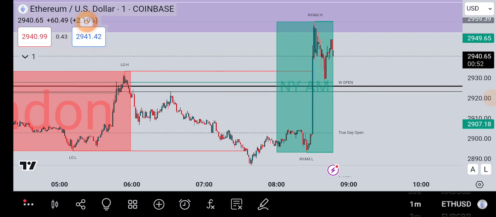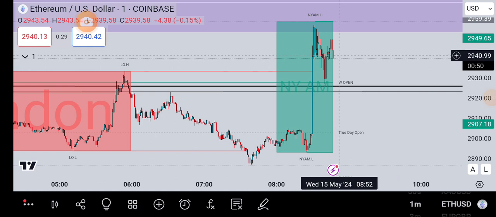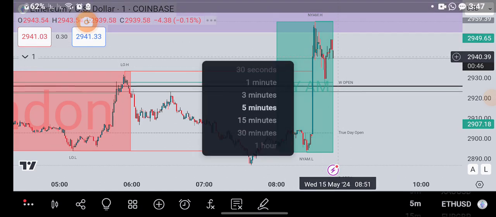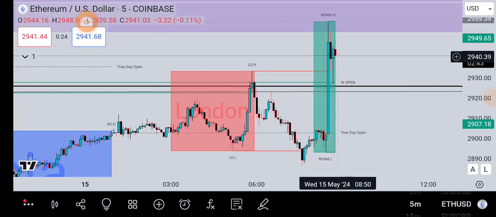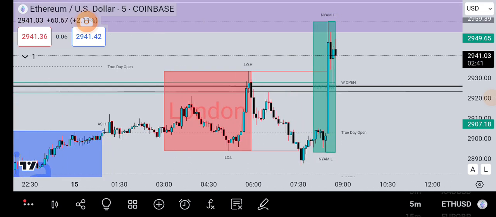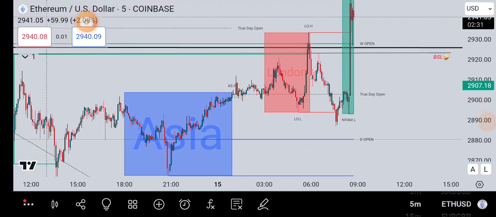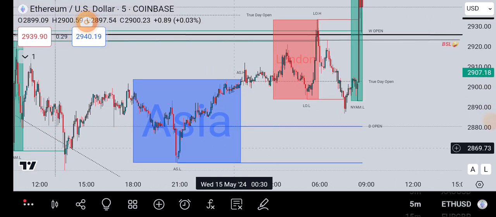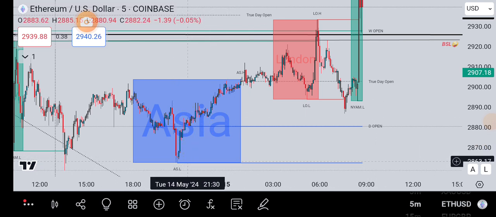And the confirmation I want to see is if we have bearish arrays that are being formed, and probably 5 minutes arrays. Want to see clear arrays being formed without hurry, so that I may be for sure that this market will be gravitating towards these liquidity pool below here.